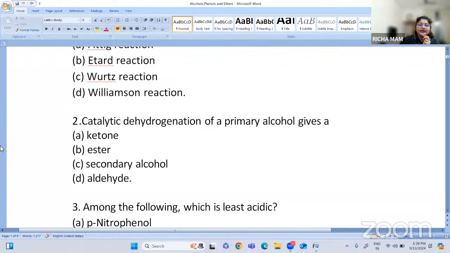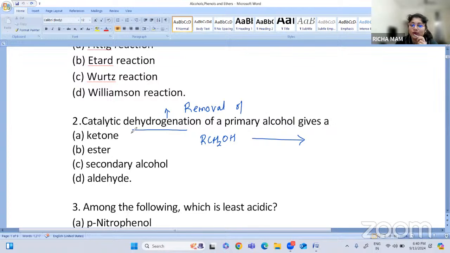So we are taking a primary alcohol and doing catalytic dehydrogenation. Dehydrogenation means removal of hydrogen. D means removal, and hydrogenation means addition.